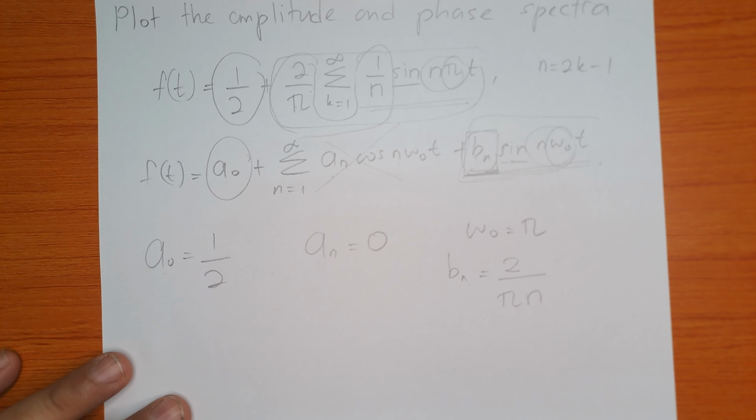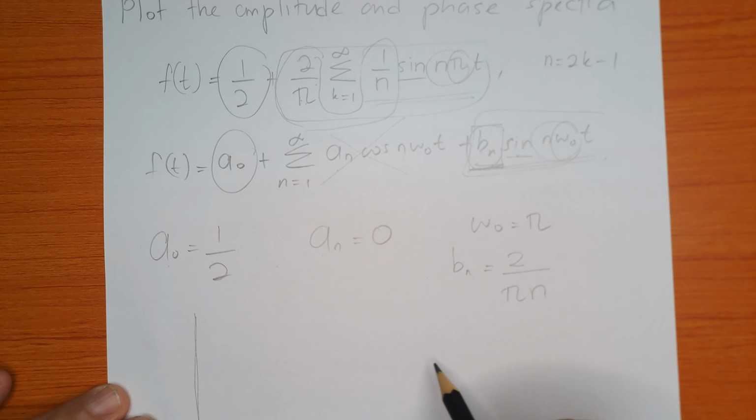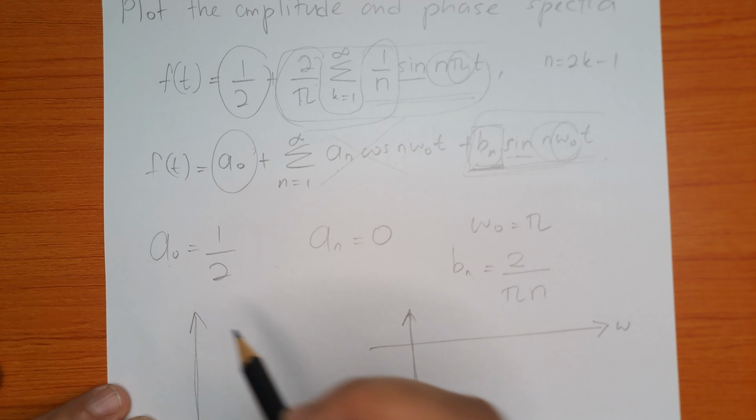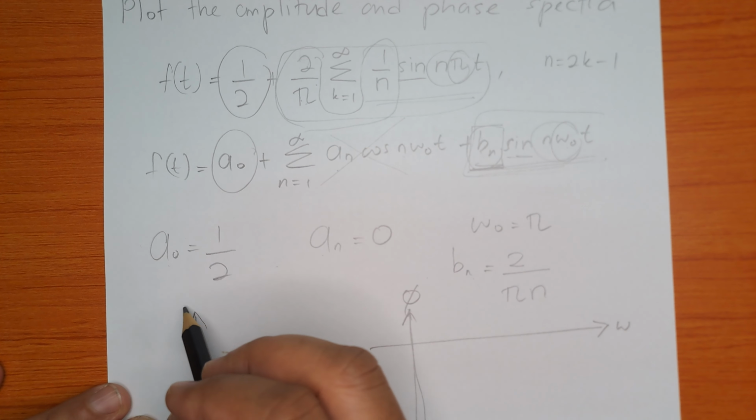First of all, what are amplitude and phase spectra? It is basically a plot here. Typically this is the frequency, and this y-axis is the phase and the amplitude.